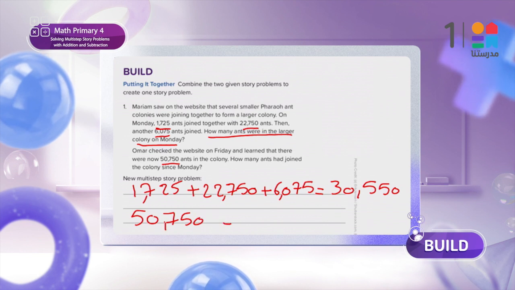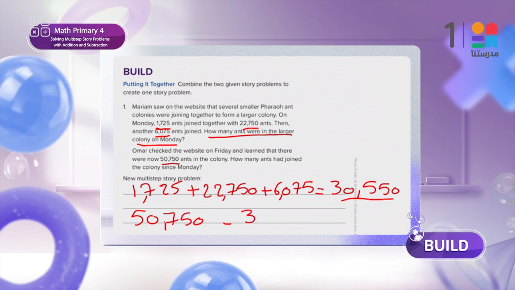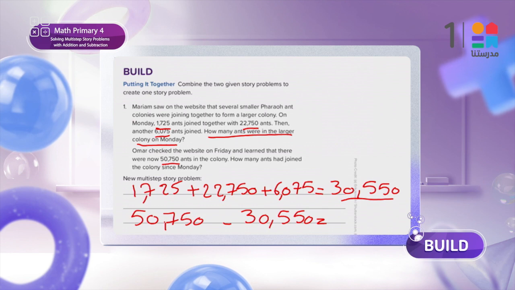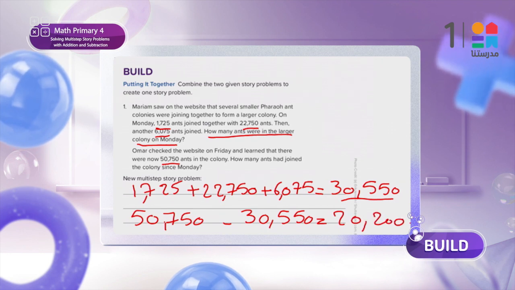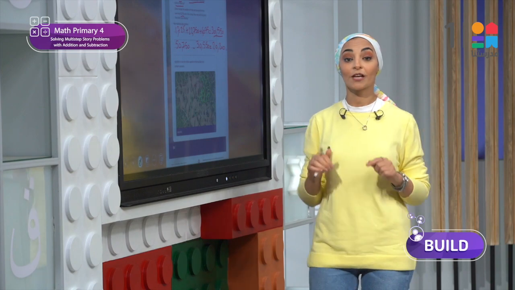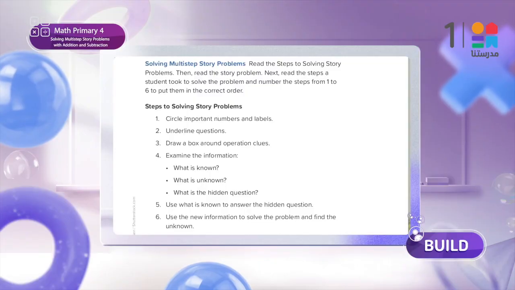Who can tell me? Yes, of course, minus the answer, minus 30,550. Can you subtract these two numbers? Right, the answer will be 20,200. Now, on page 95 in your books, you will find the steps to solve multi-step story problems.